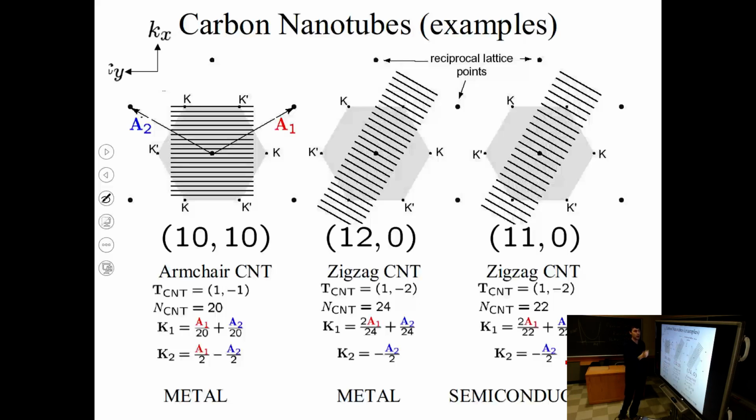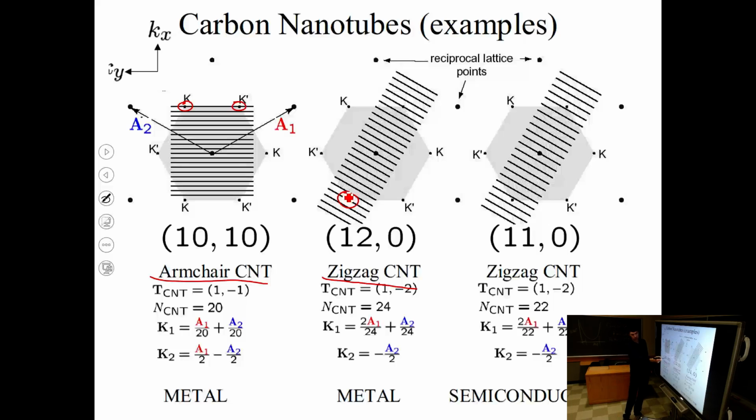If you hit a boundary of the Brillouin zone, then you have no gap. And your tube is called a metallic tube, because you are crossing the Dirac point. And so for the armchair and the zigzag tubes, it happens to be the case that you hit k and k prime points in this case, and k points in this case.